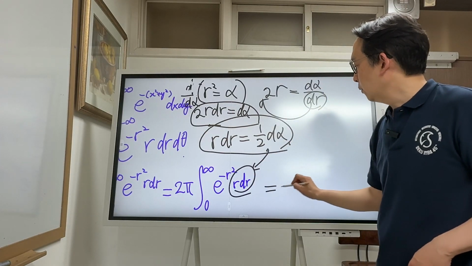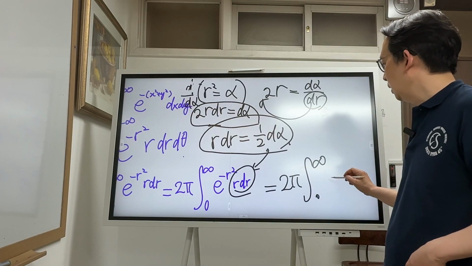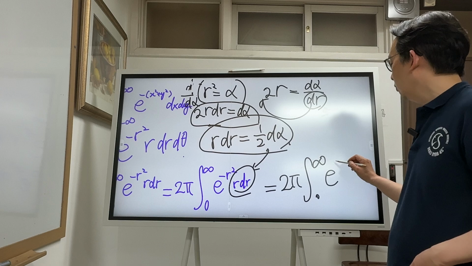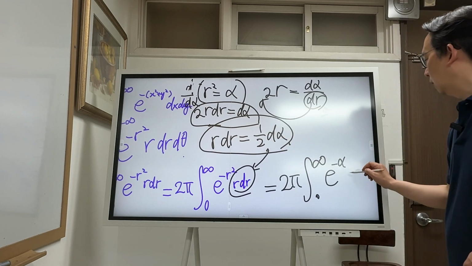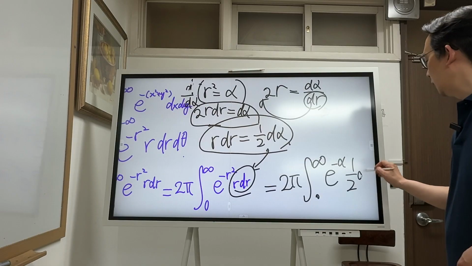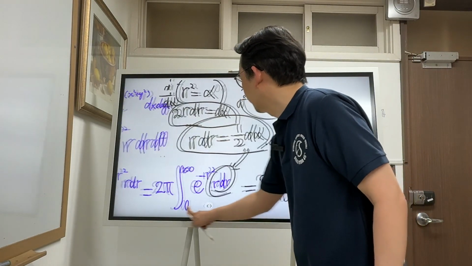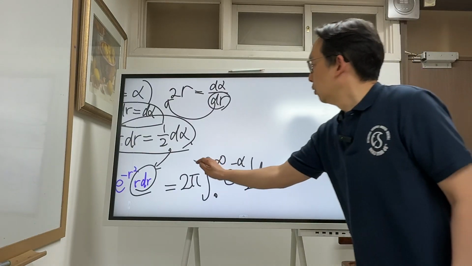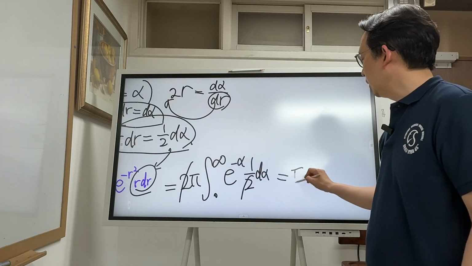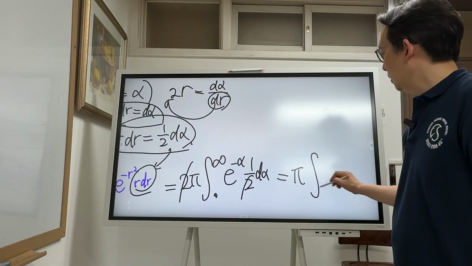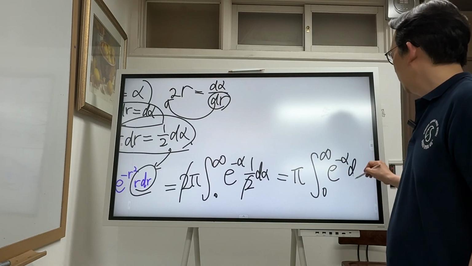Now that's 2 pi times 0 to infinity, e to the power of minus alpha, and then this 1/2 d alpha. The 2s cancel each other out, and we are left with pi times the integral from 0 to infinity of e to the power of minus alpha d alpha.